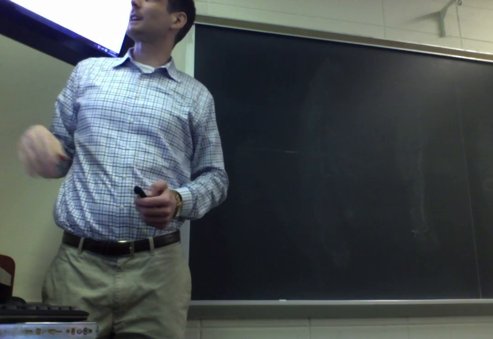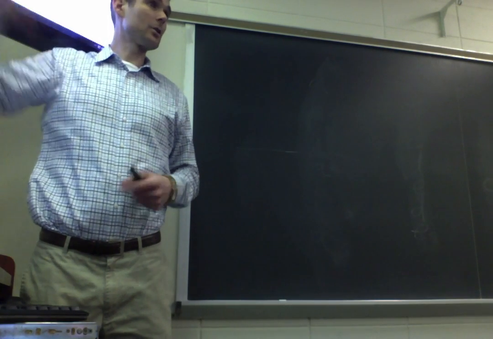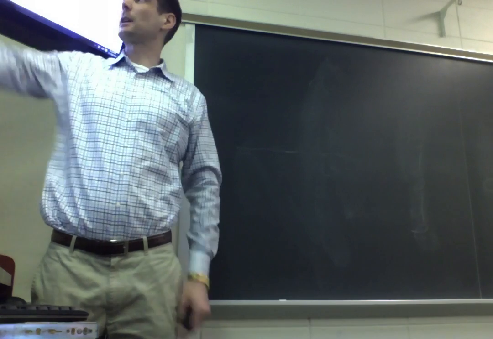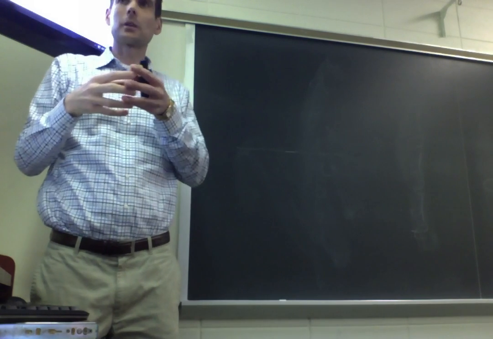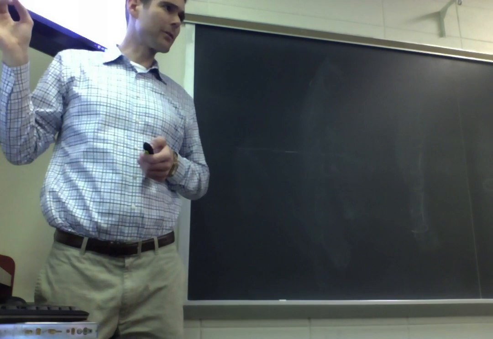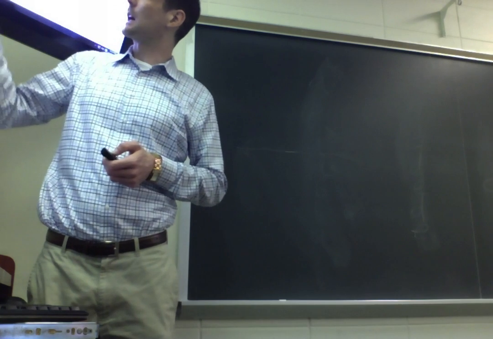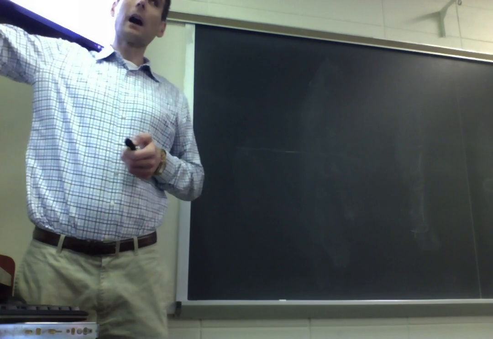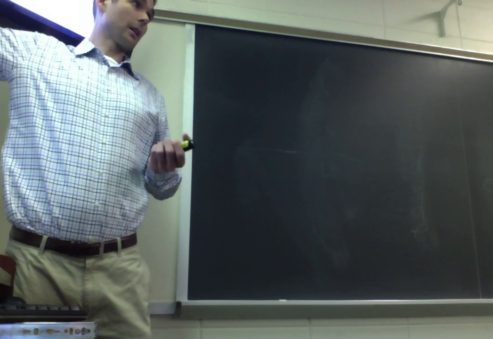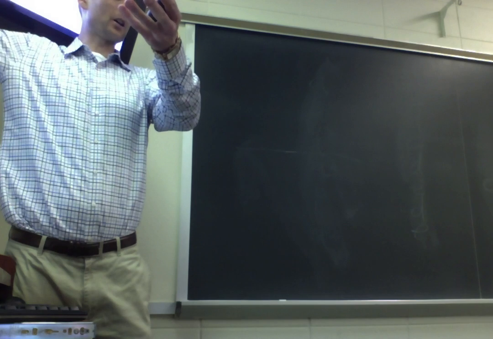Real balances effect, it's just exactly what I described. As the price goes down, you get more real value for your money. You get more stuff. As price goes up, you get less real value for your money, so you buy less. The other was interest rate effect. So as prices go up, people have to borrow money to buy more. If the price of a car goes up, you may need to go borrow money to buy that car.